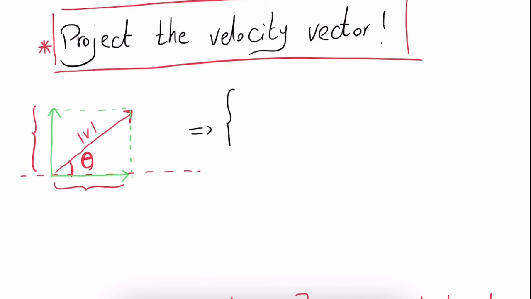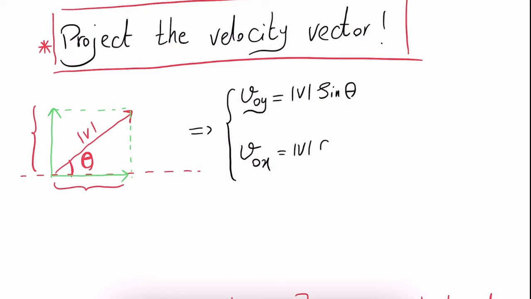So we can write the initial velocity in the y direction equals v times the sine of theta. And also the initial velocity in the x direction, or in the horizontal direction, equals v times the cosine of theta.